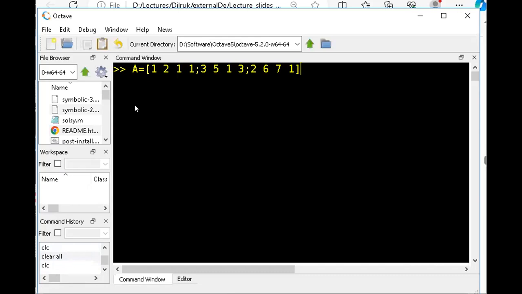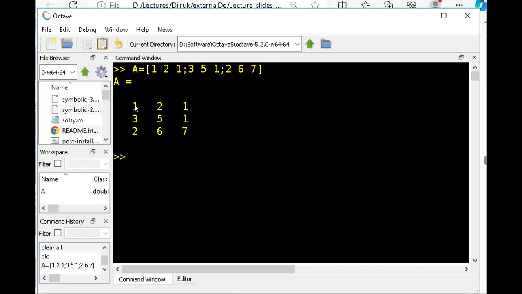Now I define a matrix, my augmented matrix. Oh, before that, because you are small kids, otherwise some people get confused, I will enter the coefficient matrix first.